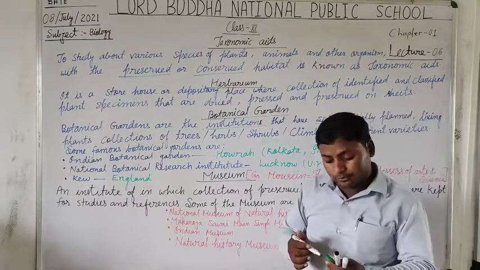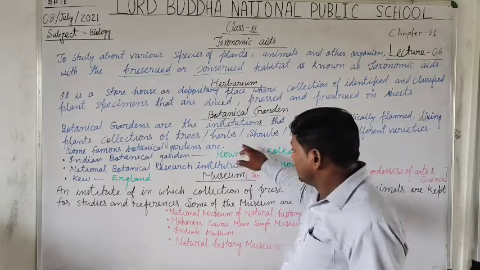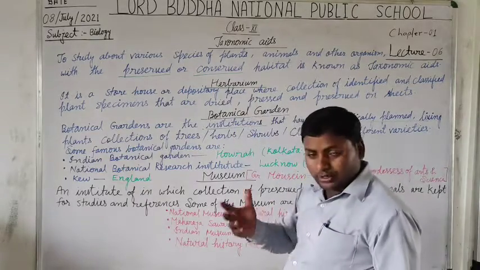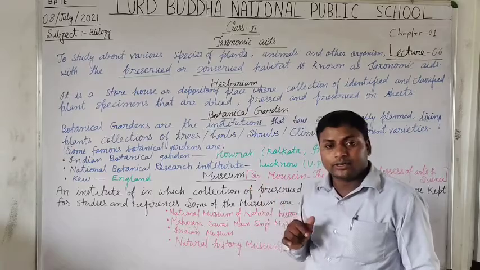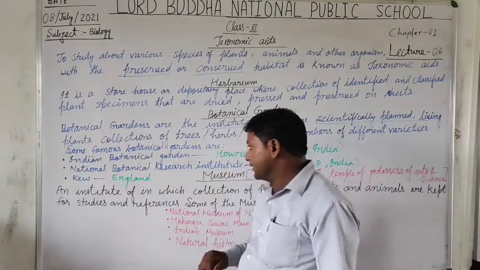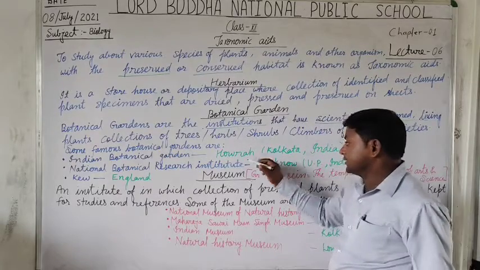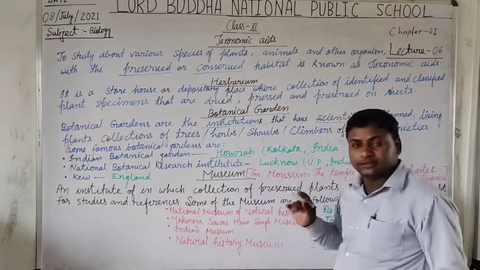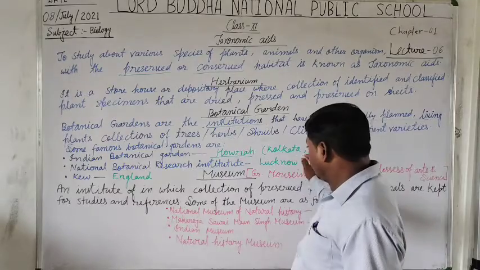Some of the famous botanical gardens worldwide as well as in our country are, the first one, the Indian Botanical Garden established in Howrah, Kolkata.